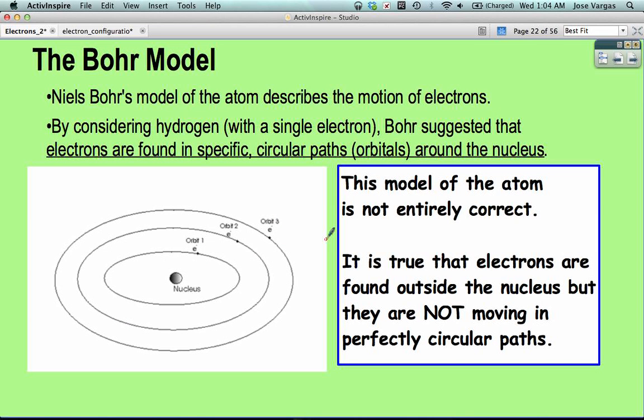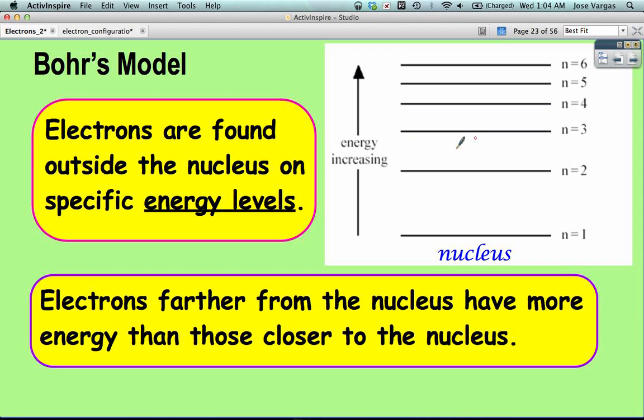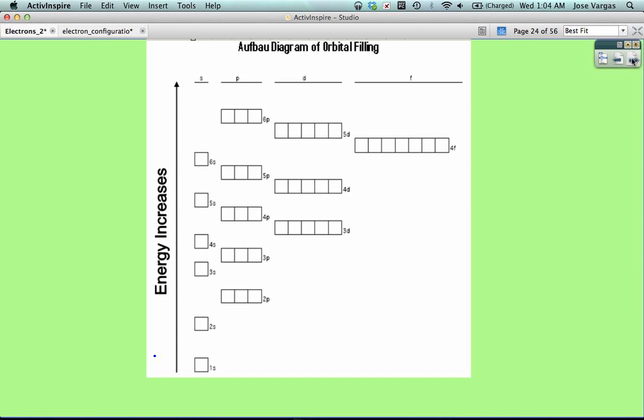It is true that electrons are found outside the nucleus, but they're not moving in perfectly circular paths. And this was his model. It was just energy increasing away from the nucleus. So he said that electrons farther from the nucleus have more energy than those closer to the nucleus.